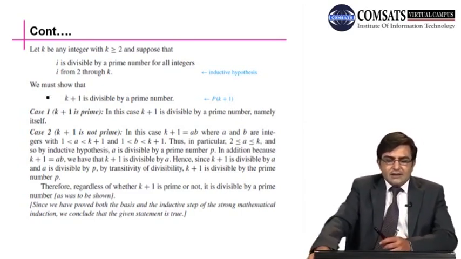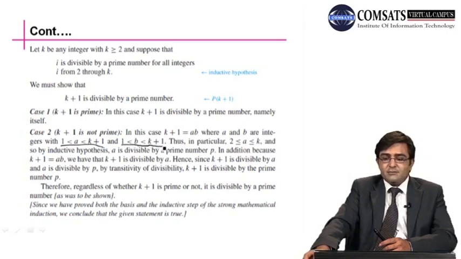As you can see here, a must be greater than 1 and less than k plus 1. Similarly, b must be greater than 1 and less than k plus 1. It means a must be greater than or equal to 2, less than or equal to k.